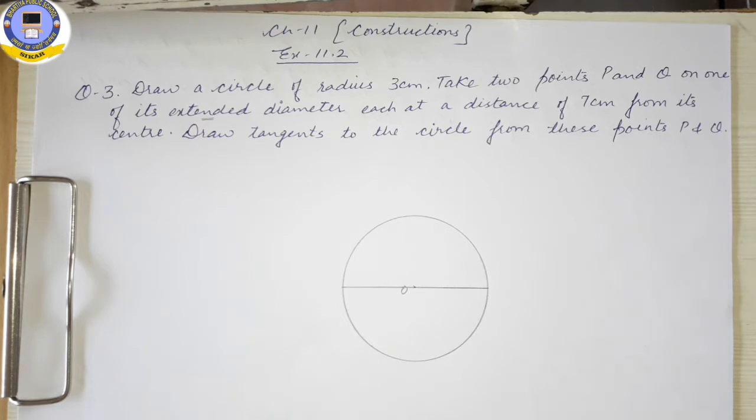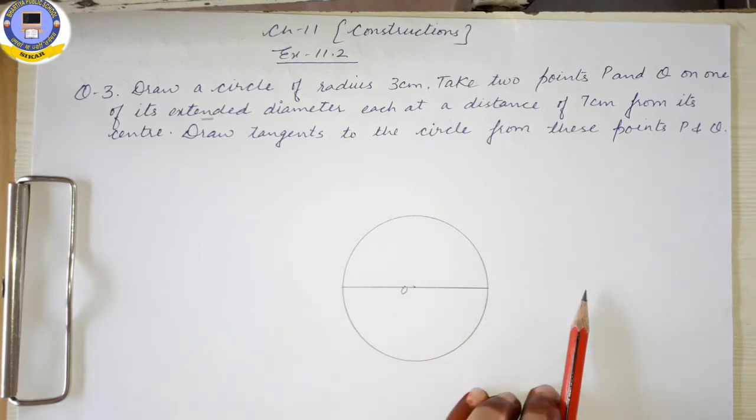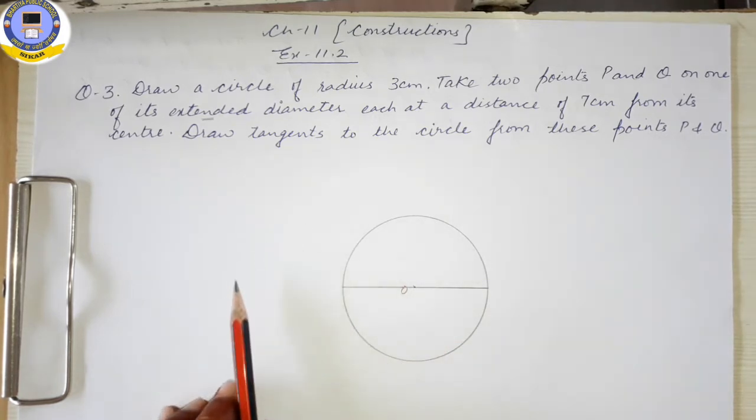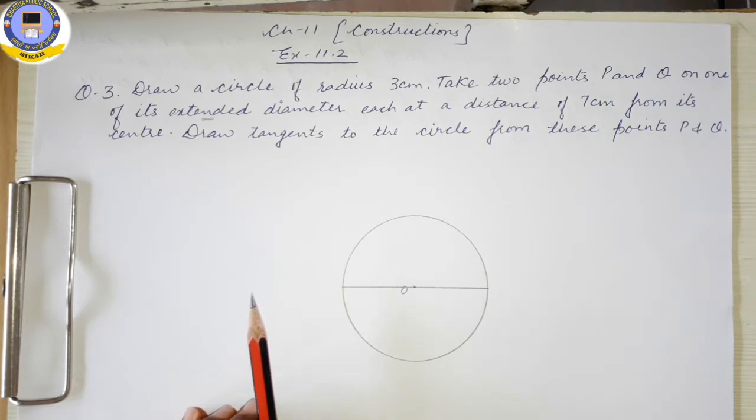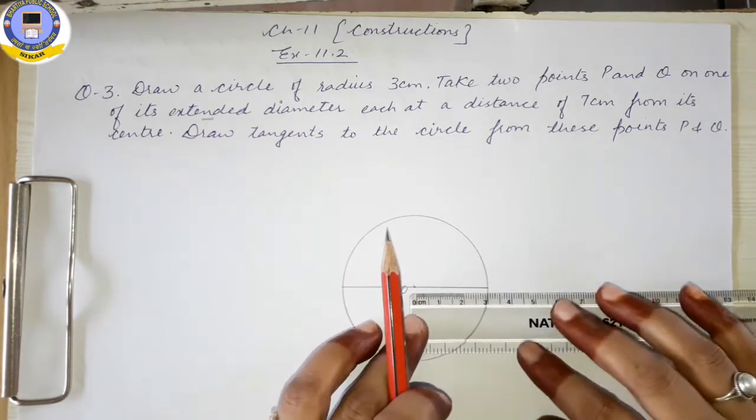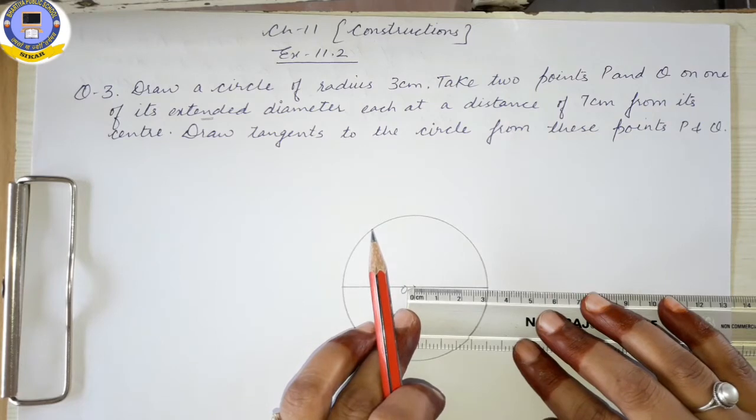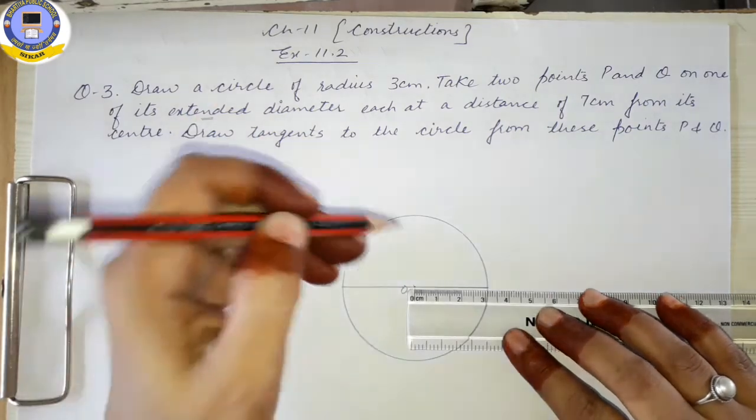Now what you have to do? You have to take 2 points P and Q. On either side of circle we will take, 1 point on the left of the circle and second point on the right of the circle. Both the points must be at a distance of 7 centimeter from its center. So with the help of scale you will have to measure distance of 7 centimeter from center.